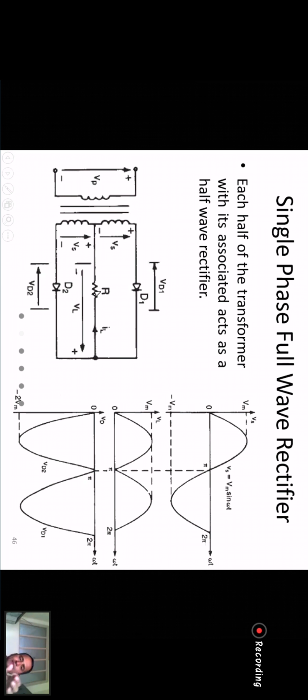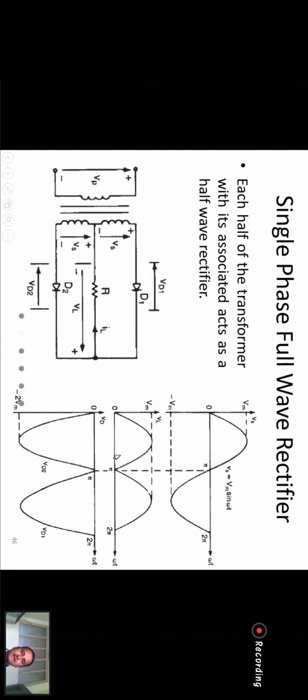Let's say the top point is A and the bottom point is B. If A is positive with respect to B, or with respect to the center O, then D1 will be forward biased and D2 will be reverse biased. Similarly, in the next half cycle, B is positive with respect to A, so D2 will be forward biased.